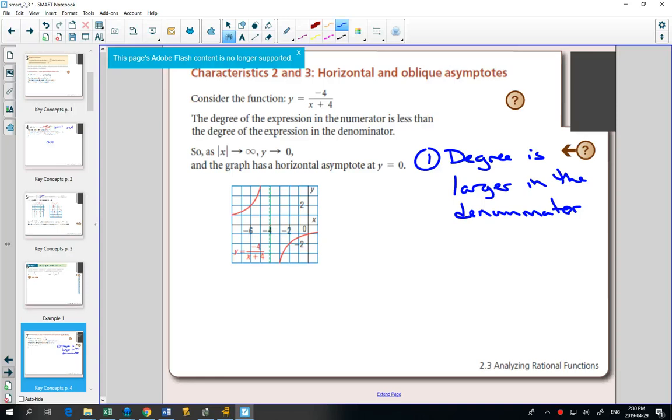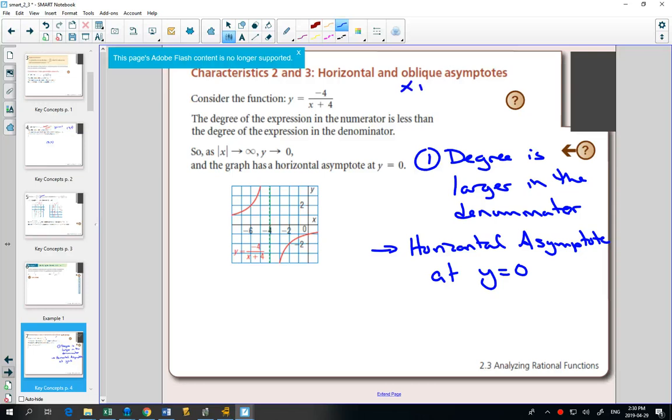You will always have a horizontal asymptote, and it will always be at y equals 0. So that can appear like this, a 1 over x graph.